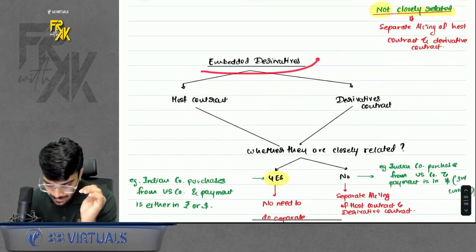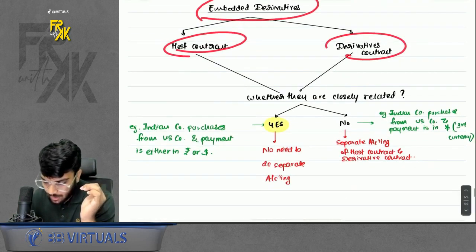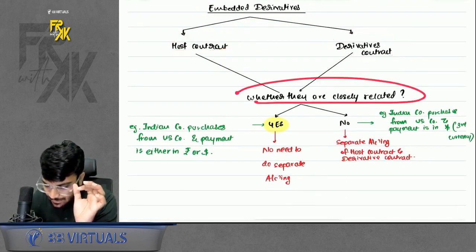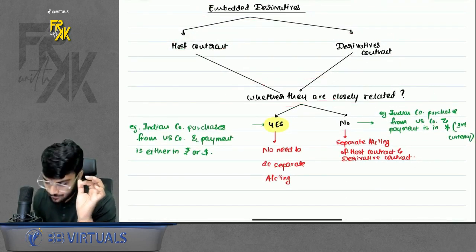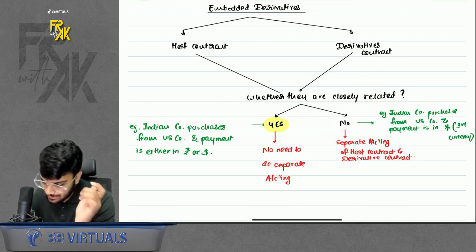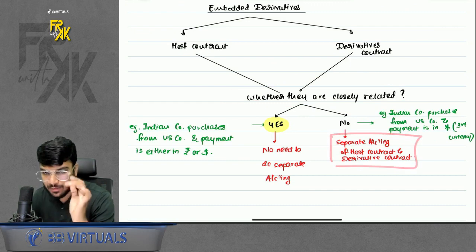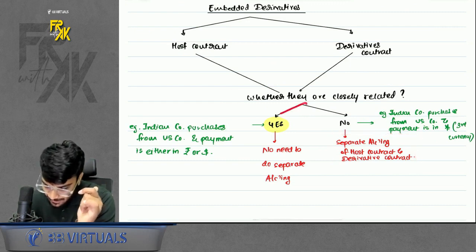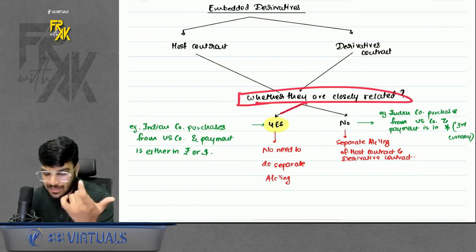I've made you write this as well. Host contract, derivative contract. First ask yourself whether they are closely related. If the answer is no, when will the answer be no? When a third currency is involved. So in that case, do separate accounting of host and derivative. But if the answer is yes, if they were closely related, when will this happen?